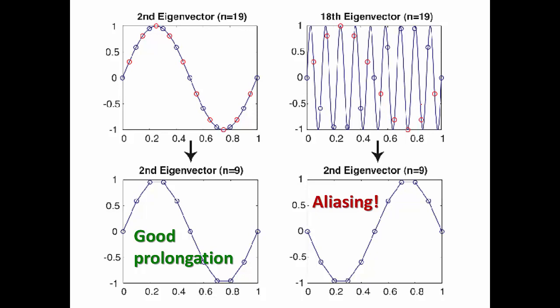Because when you solve the error equation with this kind of aliased residual, and when you add the solution of the error equation to the solution after pre-smoothing, instead of reducing the error, you may actually increase the error because you are adding components that shouldn't be there.